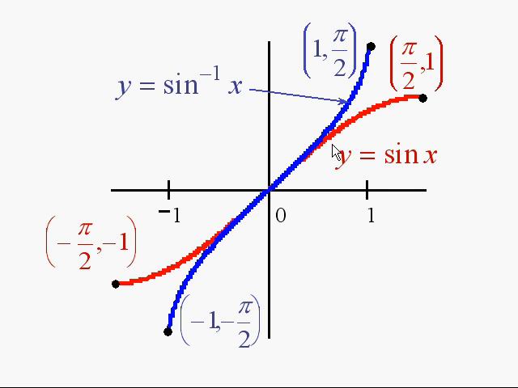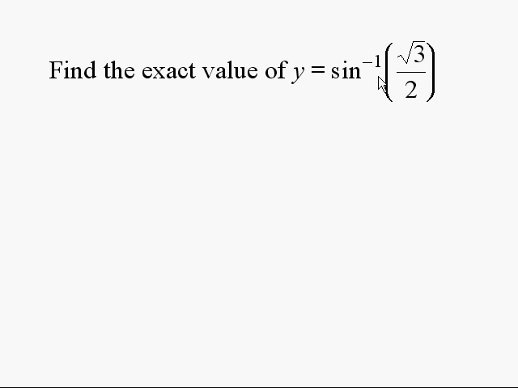So let's calculate some values for angles that you might recognize from the special cases we've developed so far. Sine inverse of √3 over 2. So what we want is for y equals sine inverse of √3 over 2.